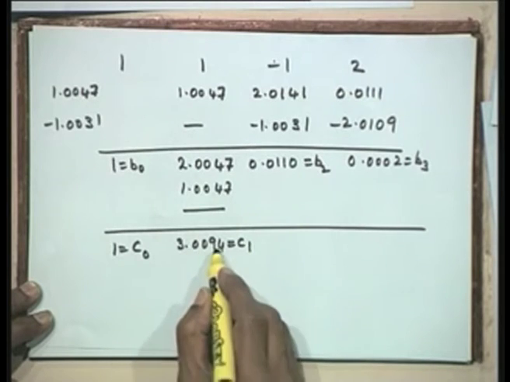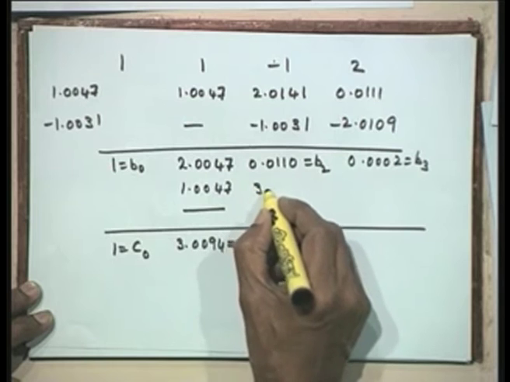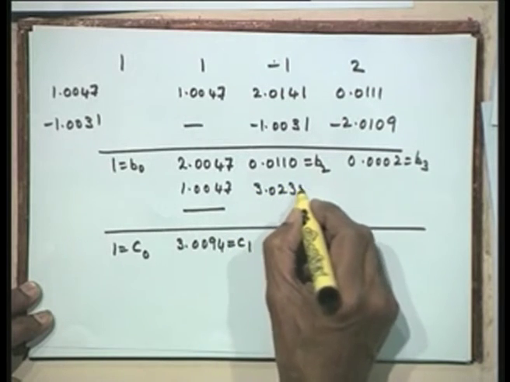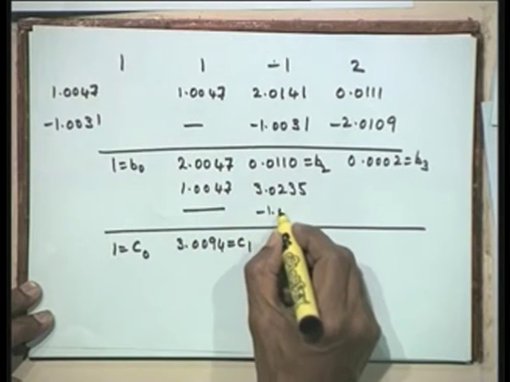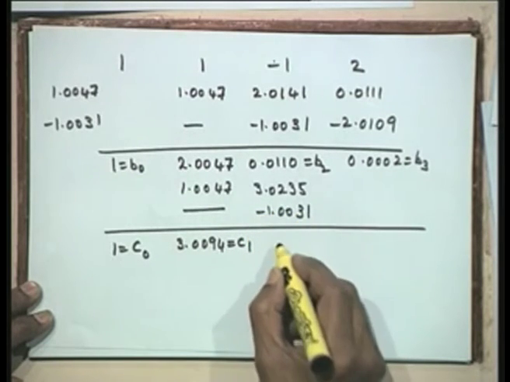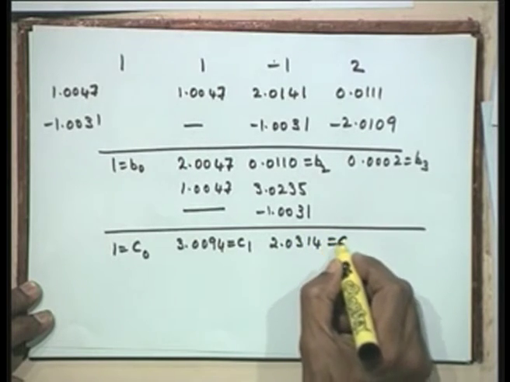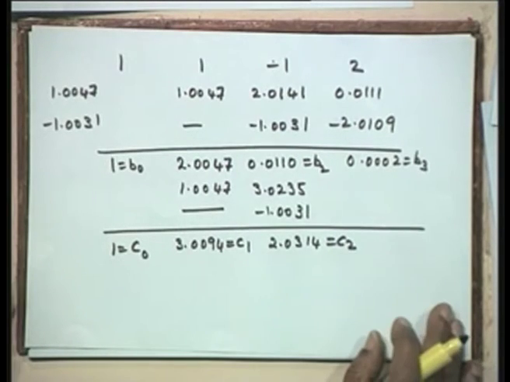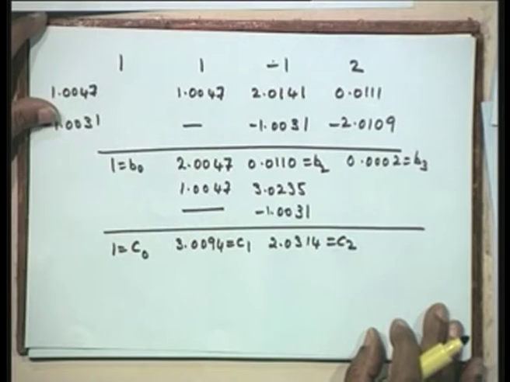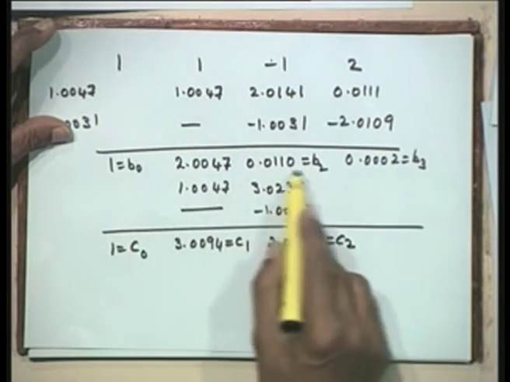I am multiplying 3.0094 by 1.0047, that is equal to 3.0235, and 1 into this, that is minus 1.0031. We add up to give us this quantity, that is equal to C2. Now we obtain this quantity C naught, C1, C2, B naught, B1, B2, B3.